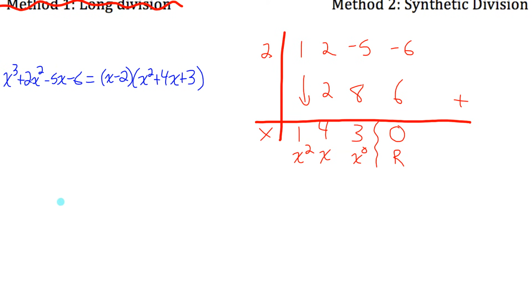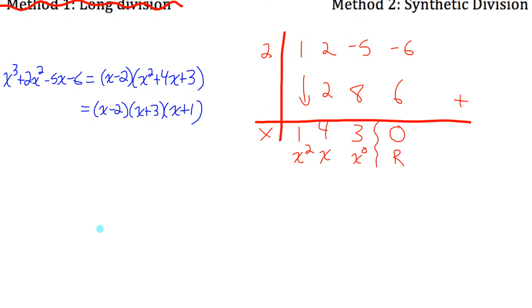That's not fully simplified factored form though, because this quadratic can factor further, so we'll factor it further. There are numbers that multiply to 3 and add to 4, and those numbers are 3 and 1. There we go, the original polynomial. This is the fully factored form, x minus 2 times x plus 3 times x plus 1.